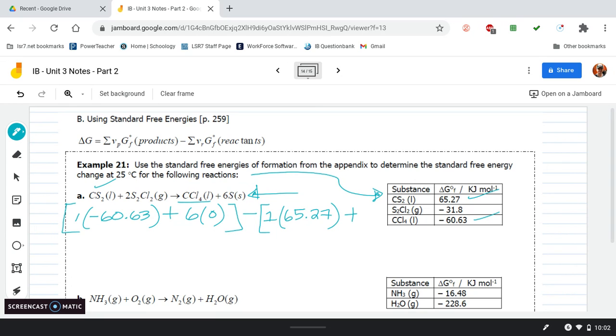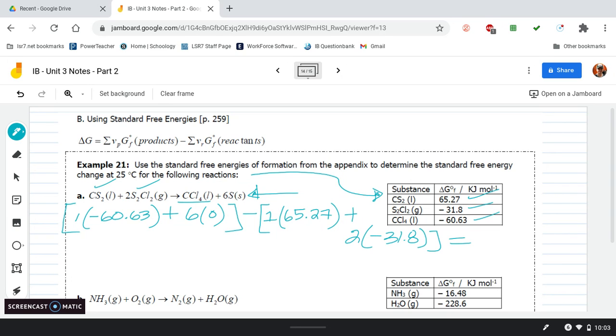And then we're going to add 2 times negative 31.8, and that one is right there. So guys, products minus reactants is super straightforward here. You just take the delta G values, stick them in, get an answer, and there you go. Pretty simple if you have a chart.